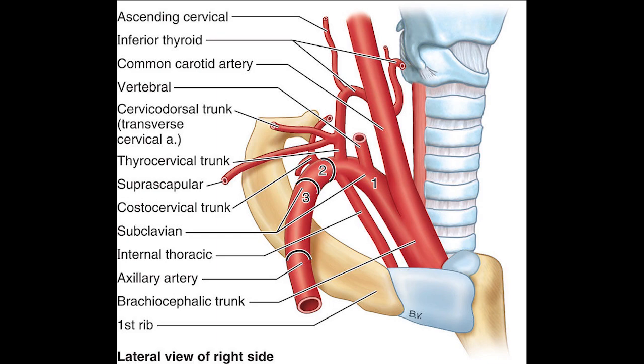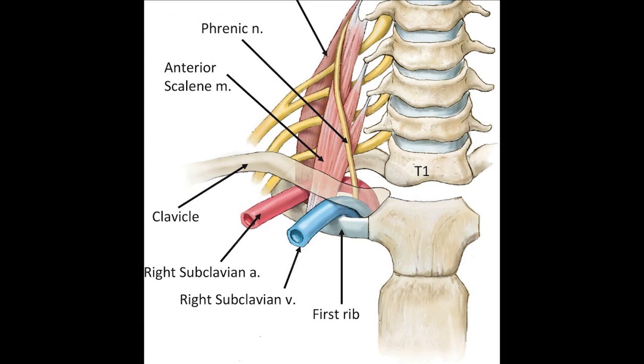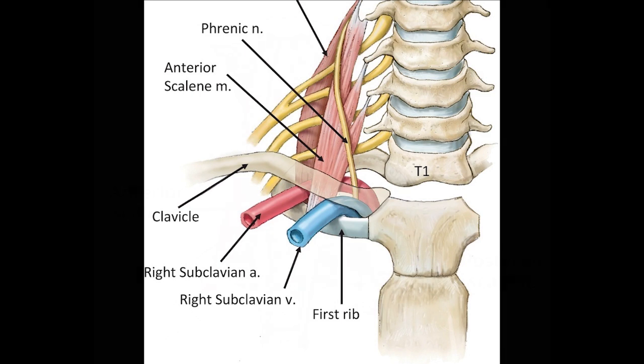We can remember it like this. The surface marking of the subclavian artery: from the sternoclavicular joint, the artery arches upward to the middle of the clavicle and about 2 cm above it. This is the surface marking of the subclavian artery.